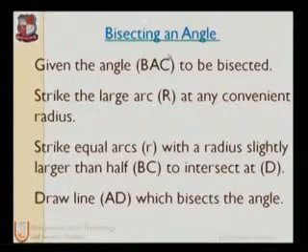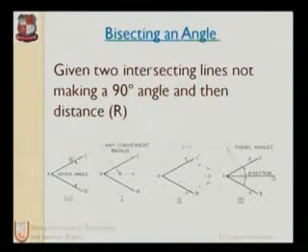Another example, bisecting an angle. So given the angle BAC is to be divided. Now we have a given angle BAC, and now we have to bisect this angle. We don't know the angle, but we have to bisect it, and this is called an acute angle.